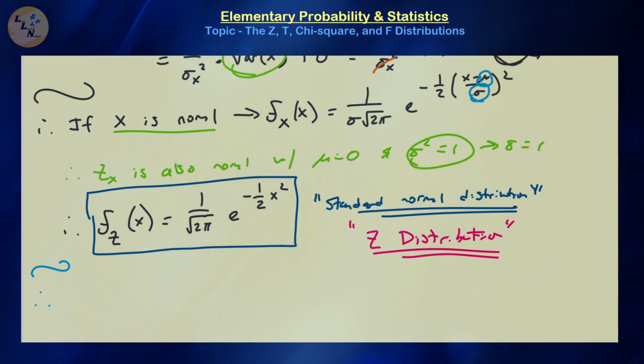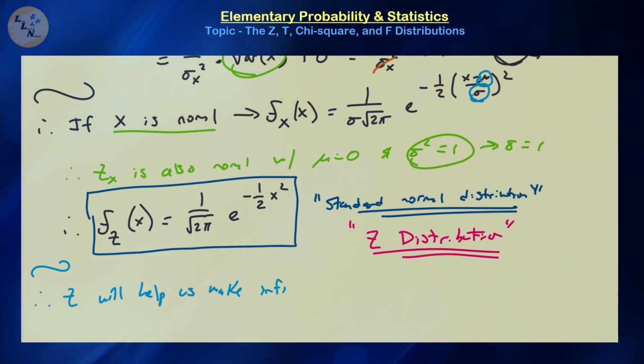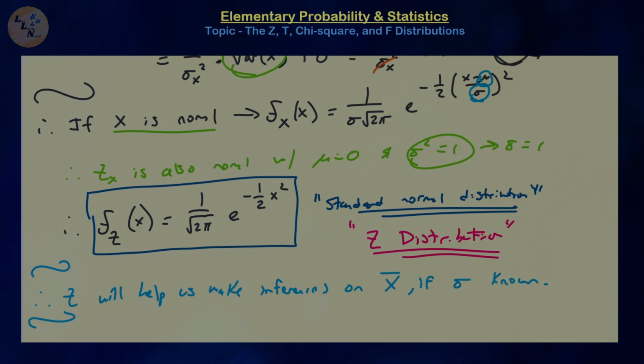So importantly, z will help us make inferences on the distribution of the sample mean if the standard deviation sigma of the population is known. I'm not going to get into the details of what I mean by this statement and the applications of it, just keep it in mind for the time being.